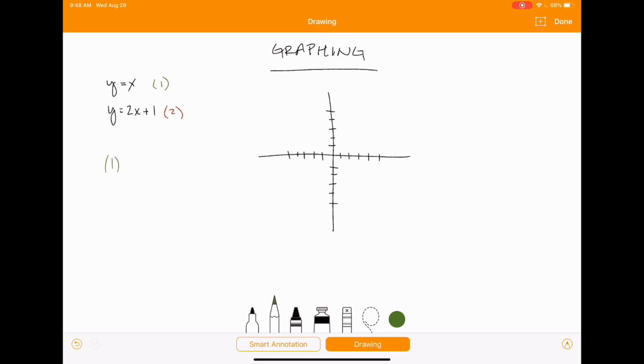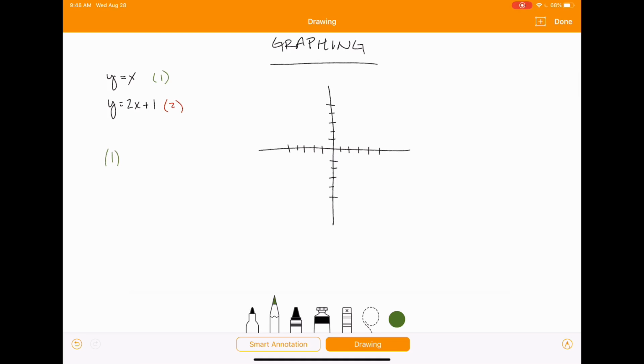So let's graph this first equation here. We're going to graph by using slope-intercept form. We identify the slope, which in this case is 1. That's the value right before the x.